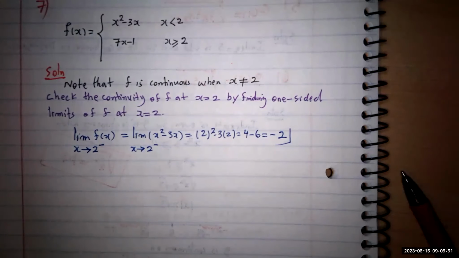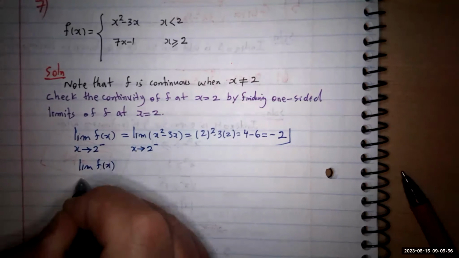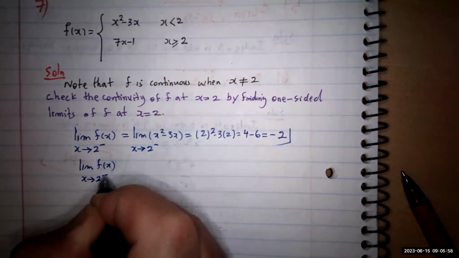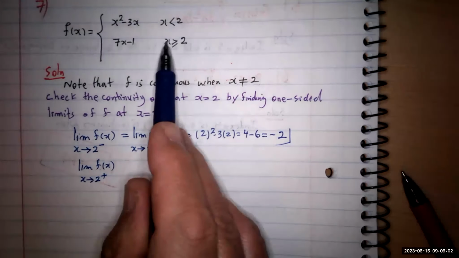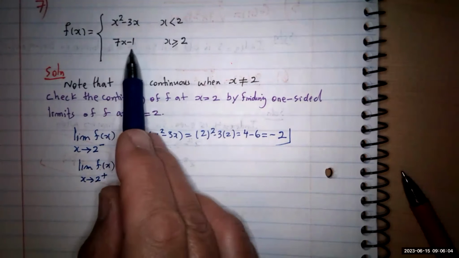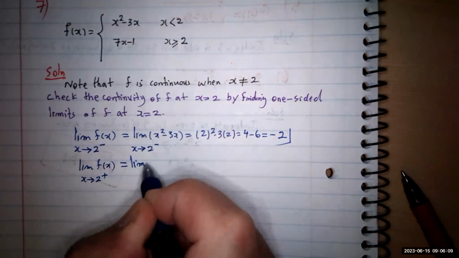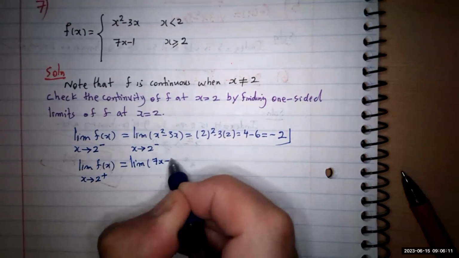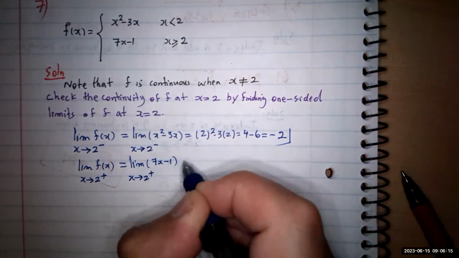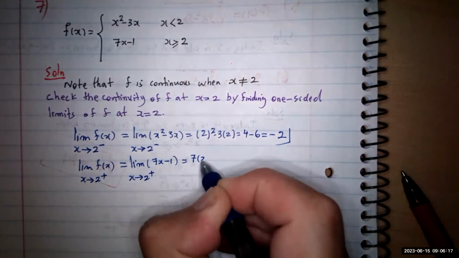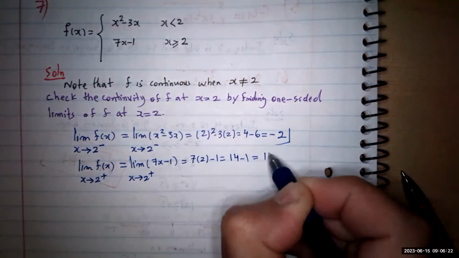Check the right: the limit of f of x as x goes to 2 positive. X goes to 2 positive means x is greater than 2. When x is greater than 2, you have 7x minus 1. So that gives the limit of 7x minus 1 as x goes to 2 positive. Substitute 2 for x: 7 times 2 minus 1, 14 minus 1, 13.